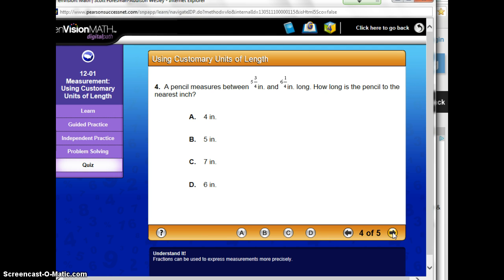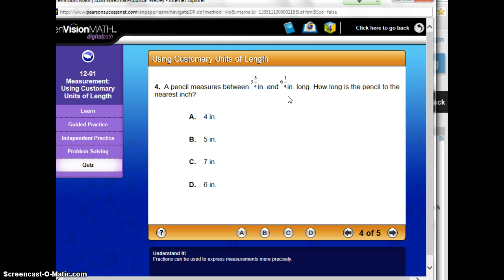Here's another question, just like the paper clip question. We're measuring a pencil this time. And it's somewhere between 5 3/4 and 6 1/4. How long is that pencil if I measured it to the nearest inch? Alexis? Five inches.